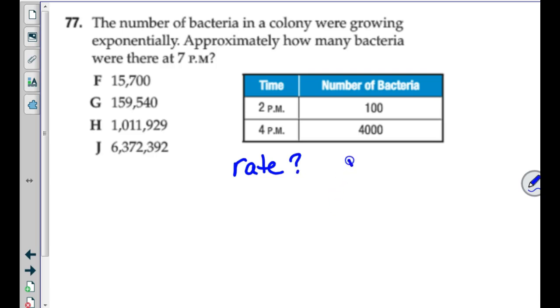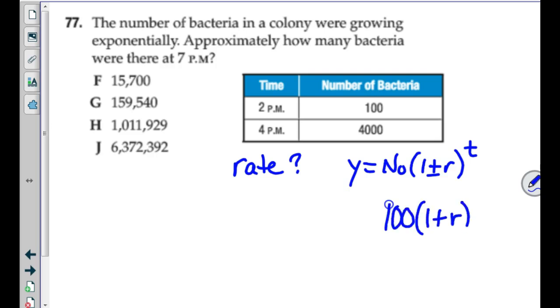So we have this idea, y equals original times 1 plus or minus some rate to the time. Okay, so what is the original? We don't know the rate, it is growing though for sure, right? Because it became 4,000. How long did it take? 2 hours.